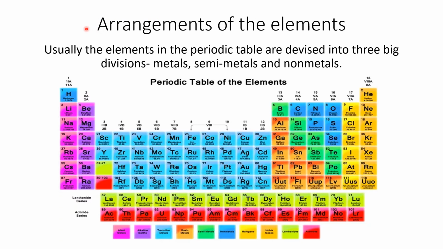Now, we're gonna talk about the arrangements. I have written here that they are arranged in 2 big divisions: metals, heavy metals, or transitional metals, and non-metals, which is true, but there are also the metalloids, which are between metals and non-metals.